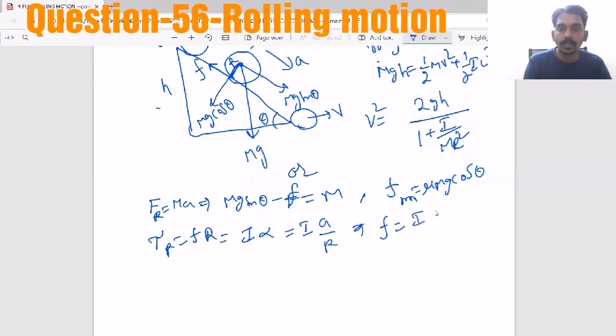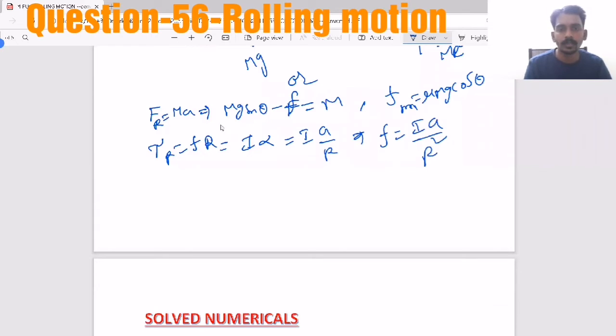So friction value will become I a by r square. Now if you substitute in this equation, then you will get the acceleration as g sin theta by 1 plus I by m r square. So this is the acceleration.